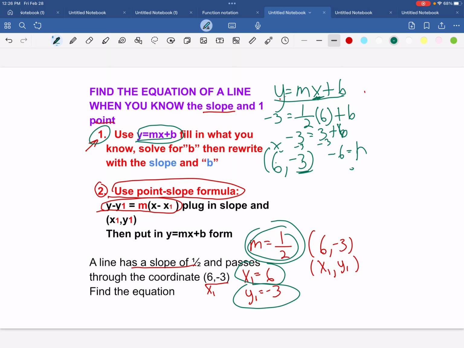Negative 6 is equal to b. Now I go back and rewrite the equation y equals mx plus b, filling in the slope again and then the y-intercept, which is the same answer we got before. I'm going back to writing just the general y and general x. Some people find that faster, you're filling in and finding the b. Either one works.